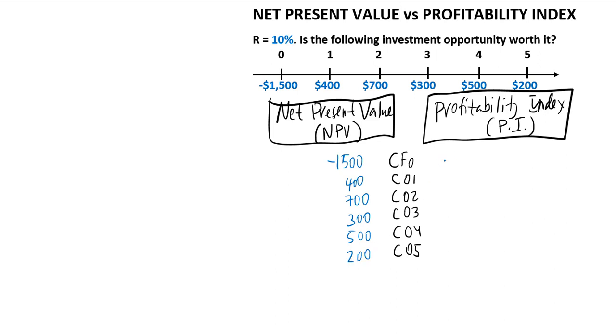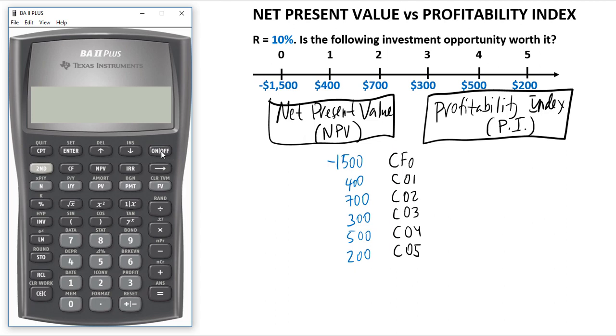For the profitability index though, actually let's calculate this first. Let's bring up the financial calculator, turn it on. To start the cash flow keys, we press the button CF, cash flow. We want to enter $1,500, and then we change the sign to negative by pressing the plus minus key. Enter.